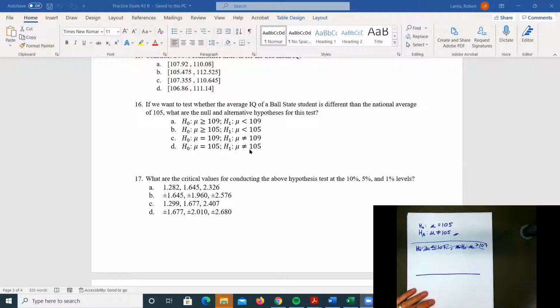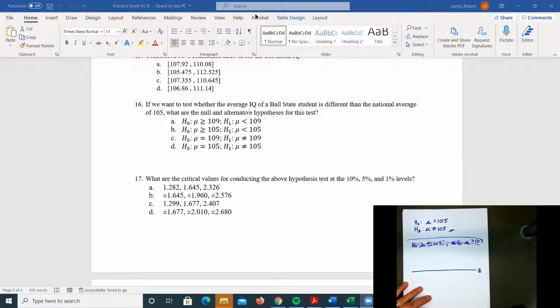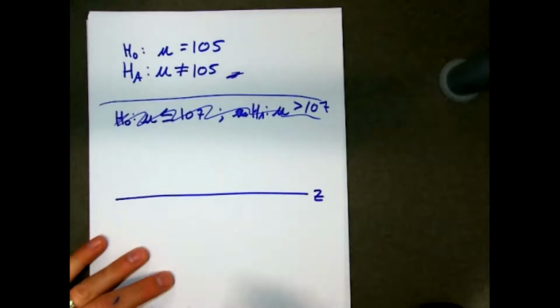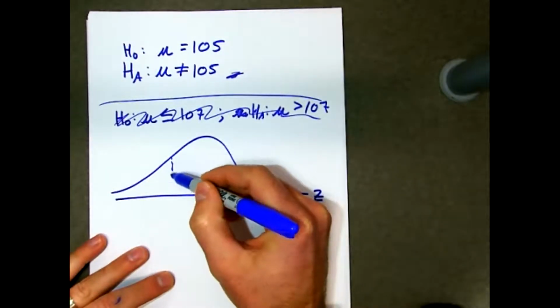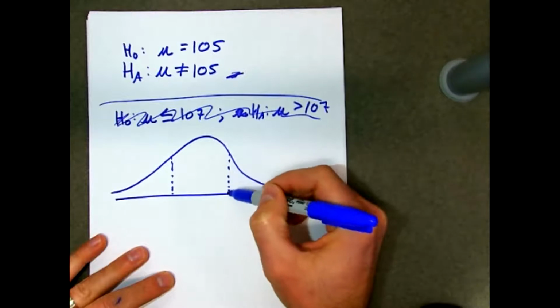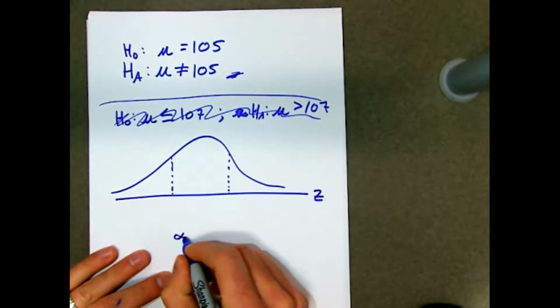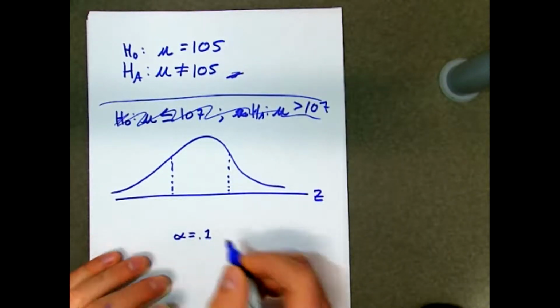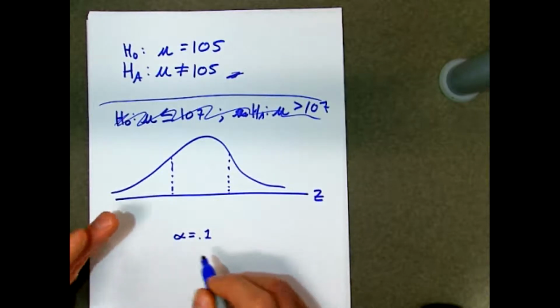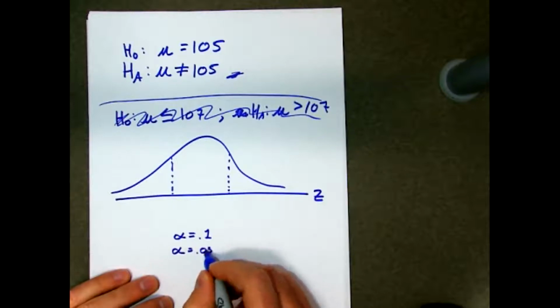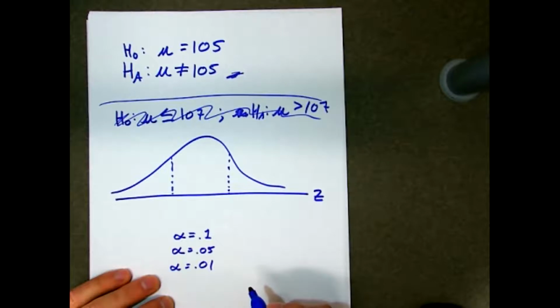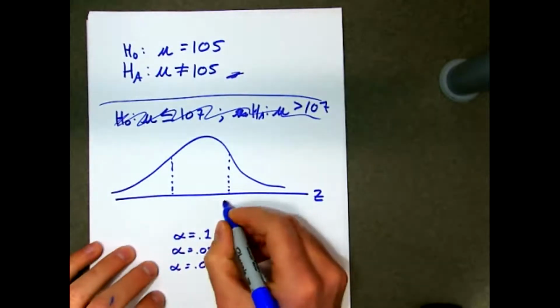So if I'm dealing with a two-tailed test, I've got this standard normal distribution. Now, when I'm finding critical values, the very first critical value I'll be looking up is for the alpha of 0.1. I think the question even says, find the critical values for the 10, 5, and 1% levels, which would correspond to alphas of 0.1, 0.05, and 0.01. So we'll look up the first critical value first.